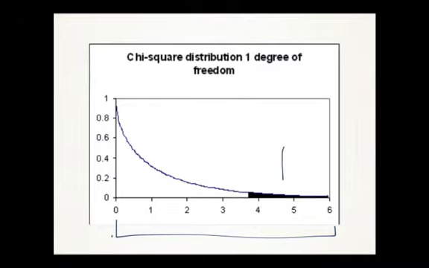And then if we want to capture 5%, remember we use this alpha equals 0.05 all the time. So if we want to have 5% in the tail, the cutoff here, so that's this value here, is 3.84. Okay? That's the magical value for a chi-square distribution in order to cut off 5%, the shaded area here.